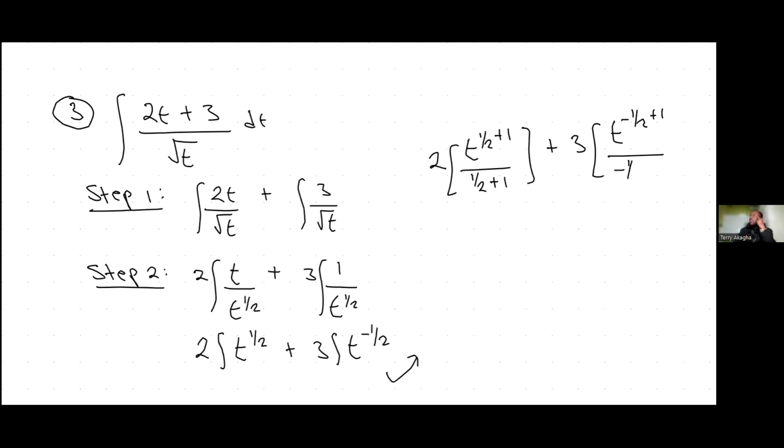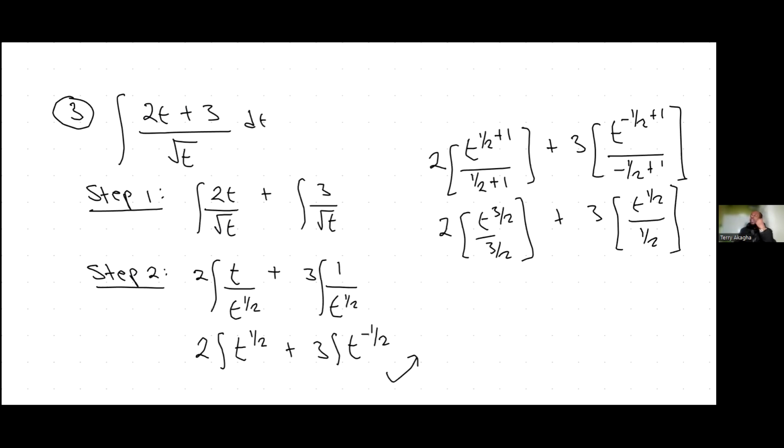Are you seeing it? So that'll be 2 into bracket t 3 over 2 divided by 3 over 2 plus 3 into bracket t raised to power half plus 1 will give us half divided by what? Half. Okay? So in order to remove this fraction, we're going to flip this. So it's going to be 2 is going to go up.